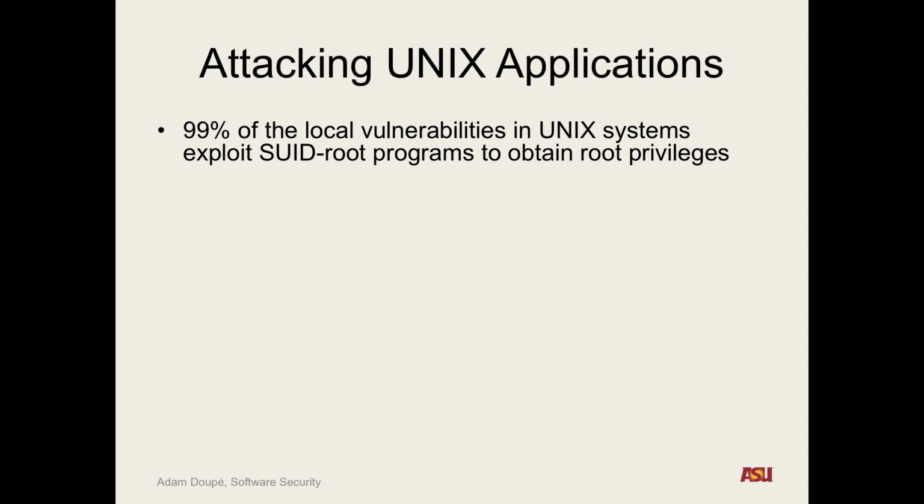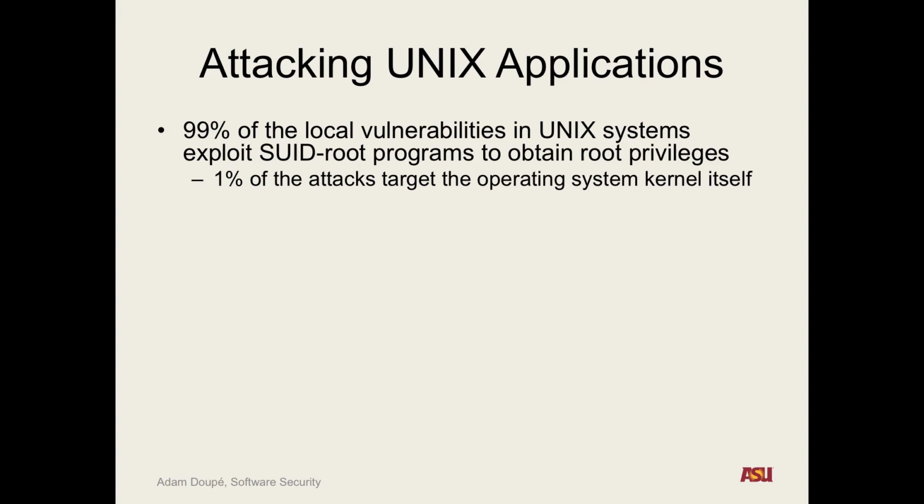Okay, so on Linux and what we're looking at, almost all of the local vulnerabilities exploit setuid root programs. This way you don't really worry about the Linux code itself being secure or vulnerable. It's another application that is necessary for the administrator and is setuid.